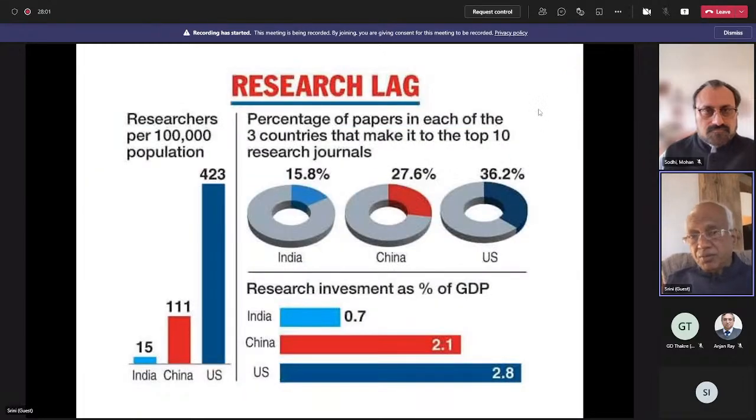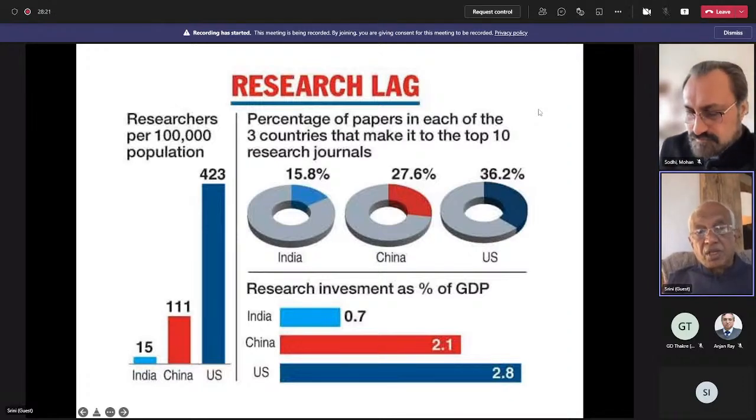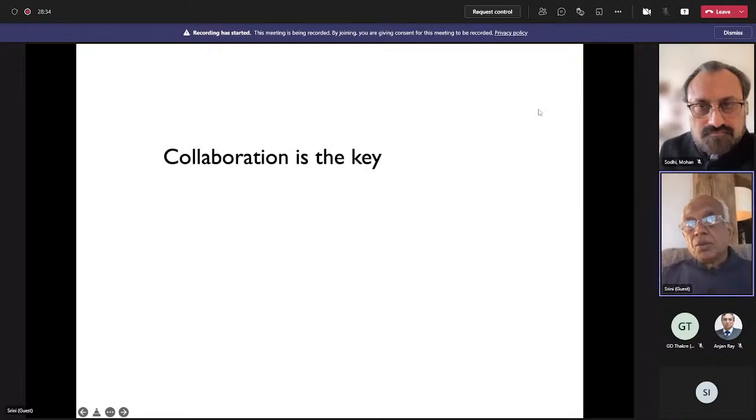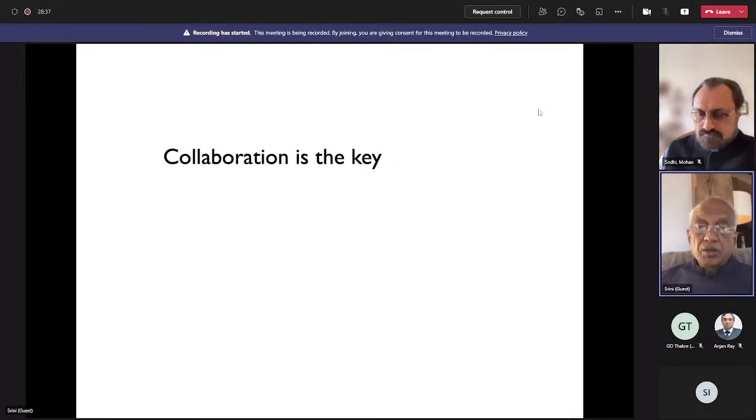However, although it may not look nice, India's position compared to China is quite low in terms of investment and also in terms of the number of people in science: 15 out of 100,000 people, whereas China has 111, and in the United States as many as 423 out of every 100,000 population work in science. So there is a lag in India. To bridge this lag, collaboration is the key.